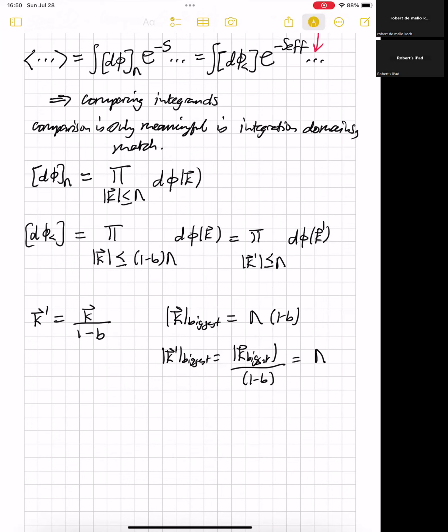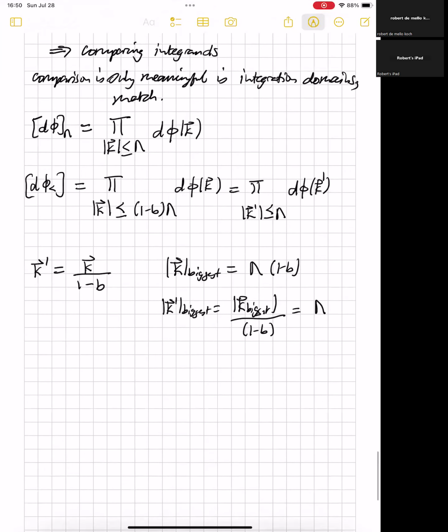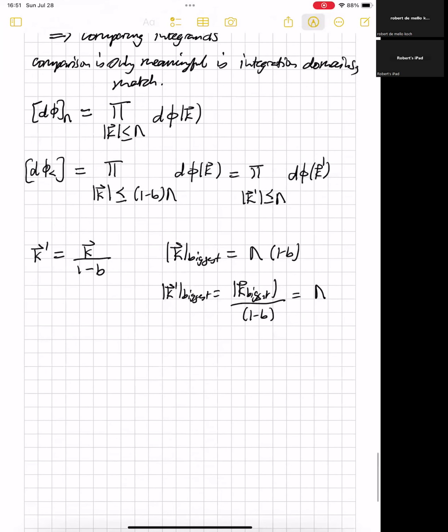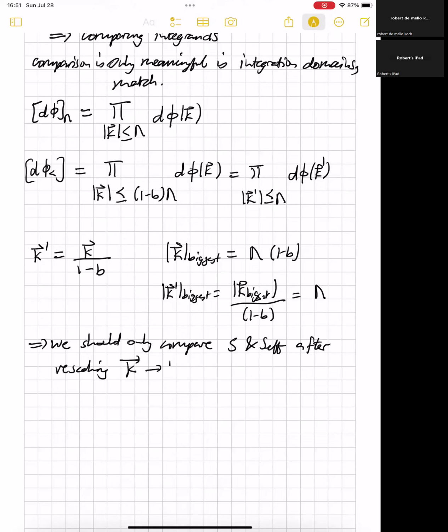So that means what we've just argued for here, one way to say it, is that we should only compare S and S effective after rescaling k to k prime.